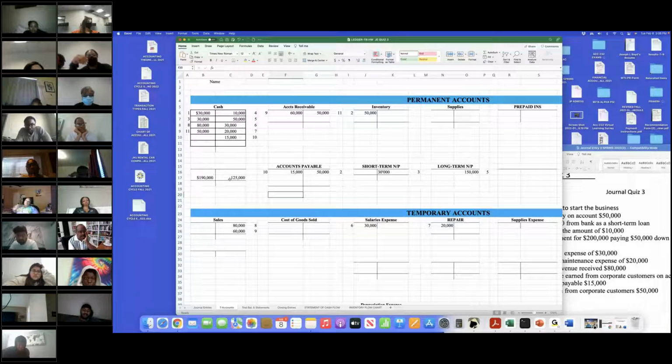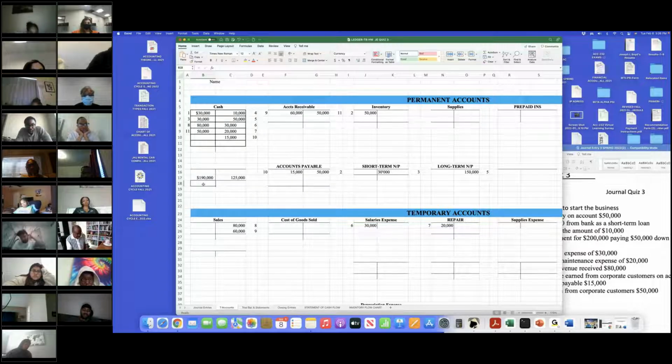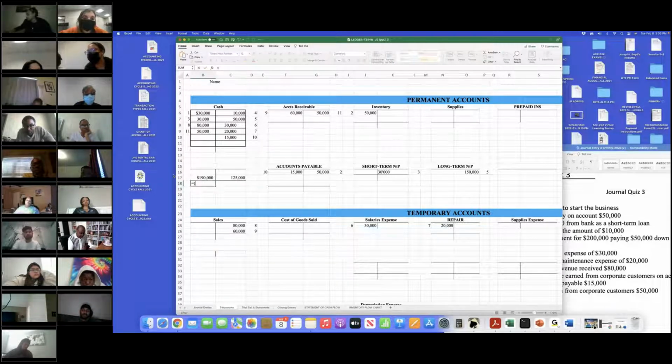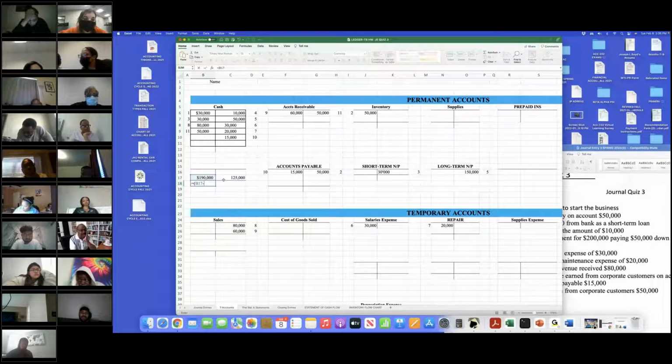I'm going to write me an equation. An equation starts with what? Equal, close parentheses. We're going to click on the 190, then put a minus sign in, click on the 125, hit our parentheses, and it's going to put the 65,000 for us.